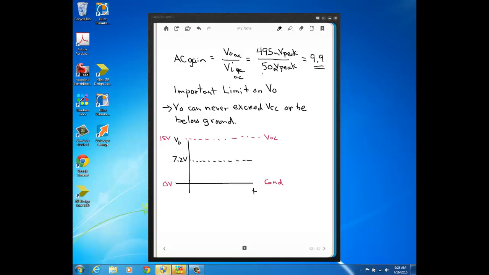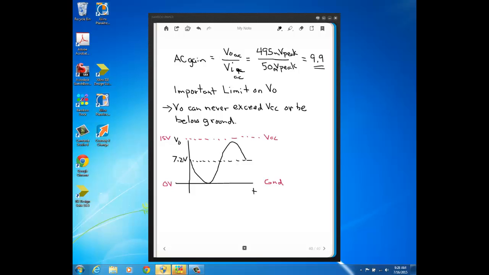So as I increase the input amplitude of V in, V out is going to increase proportionally, always about 10 times bigger than V in. If you increase V in enough, there's going to be a point where the sinusoid is going to hit up against a limit.